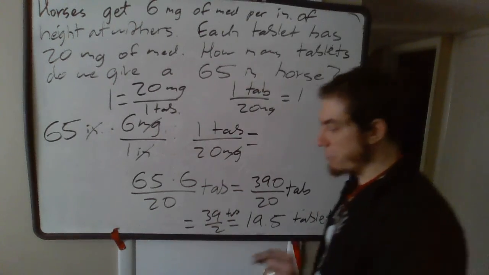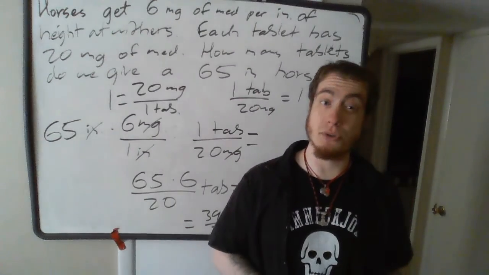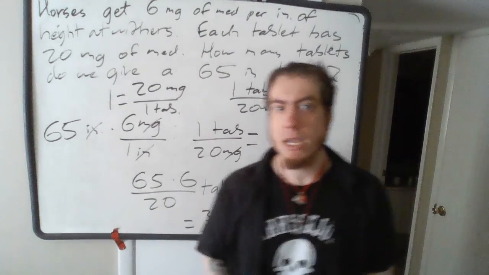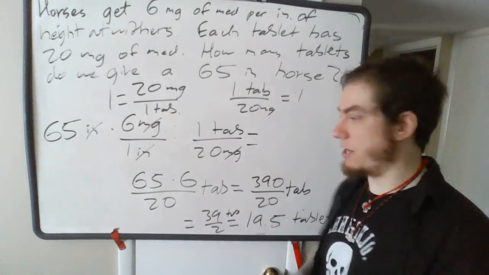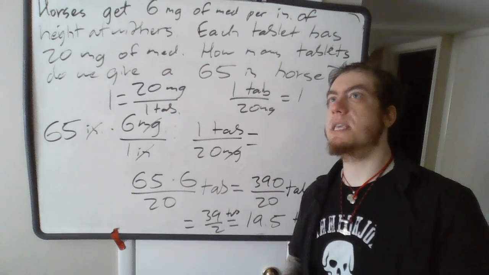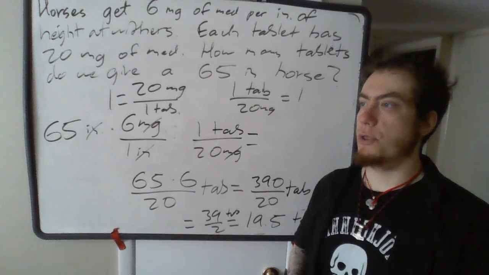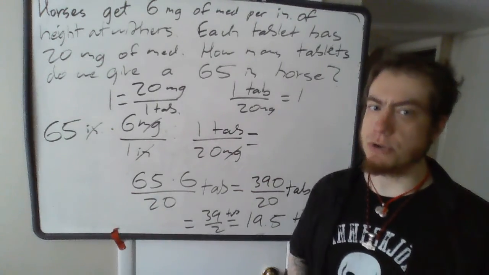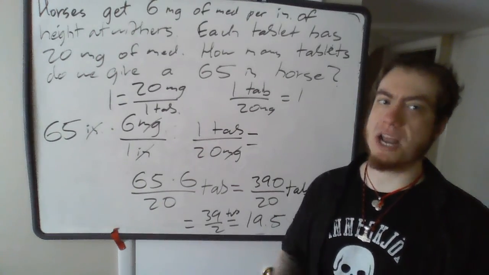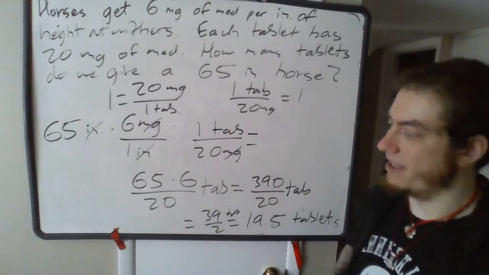One thing to notice, by the way, when you're thinking about cutting up tablets, it's usually kind of difficult to cut tablets very precisely. So you can usually pretty accurately cut a tablet in half. But you're not going to very easily cut up a tablet and get, let's say, 3/10 of a tablet. So when you're working with tablets, you're going to have to round things off to the nearest half of a tablet or something like that.